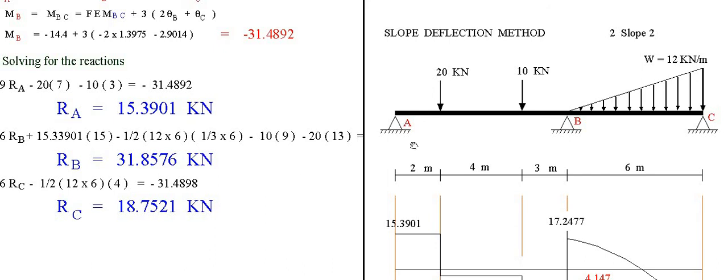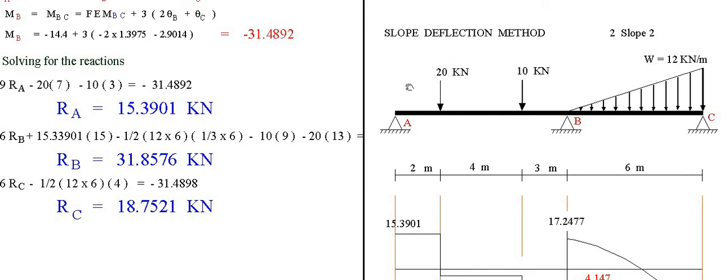Okay. Given now RA and RB, don't solve RC by summation forces vertical. Usually take moment to solve for RC. So cut section at B, then consider the right cut section BC. Just solve this, and we have a moment at B as minus 31.4892 on the left.